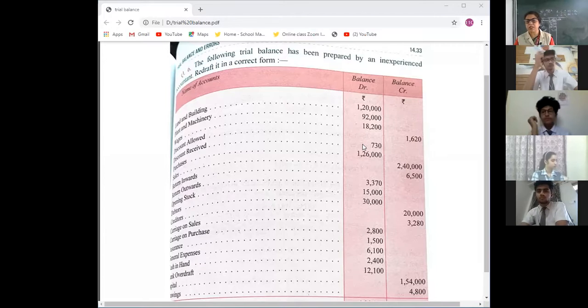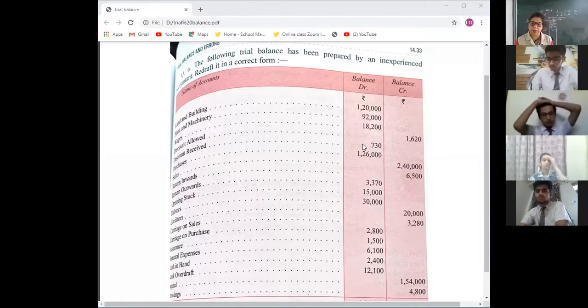Debtors means those persons who will give us money in future, that is an asset, debit clearly. Creditors means the organization has to pay, that's why it is a liability. Liabilities are in credit. Then carriage on sales and carriage on purchase. Both should be debited. Why both? Because both are expenses and these should be transferred to the debit side because all expenditures will be in debit.